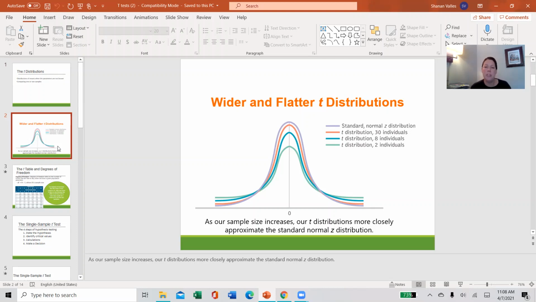Okay, and if you remember from chapter 8, I showed on a t-test when you have an infinite number of participants or a very large sample size, then the t-distribution becomes a z-distribution, or a normal distribution. So that's all that this is showing here, okay? That as sample size increases, our distribution looks more like a normal curve, okay?